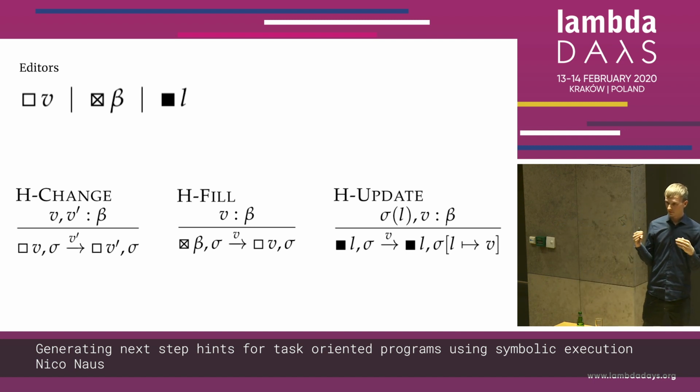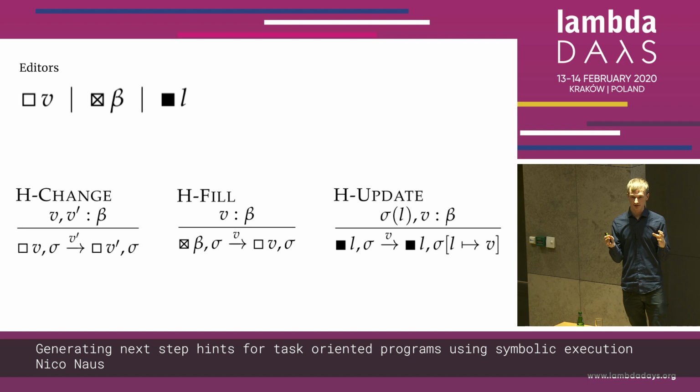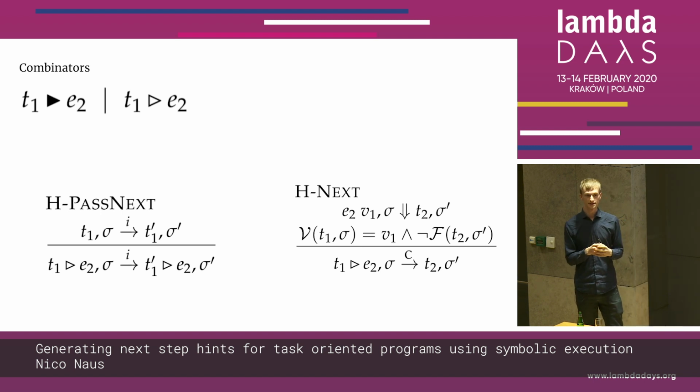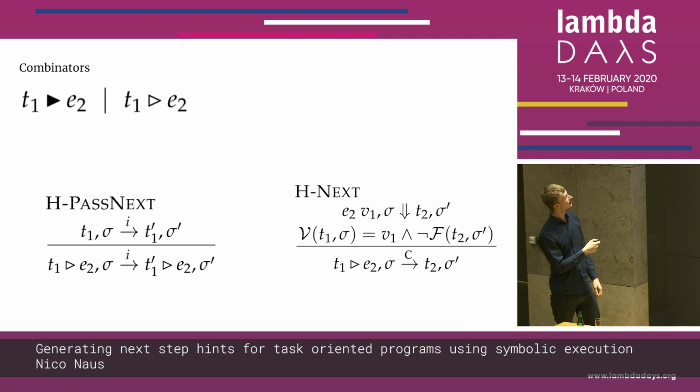Now, this won't do us much good if we don't have the combinators, right, that combine these editors into bigger tasks, and smaller tasks into bigger tasks as well. And the most basic combinator that you can think of is performing 2 tasks in sequence. And this is what the step combinator does. So we have a task on the left, and on the right we have an expression that takes a value and then produces the next task that we'll work on.